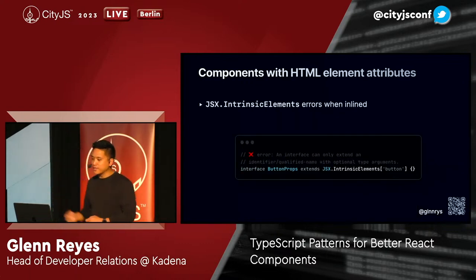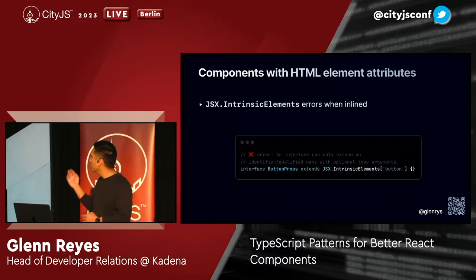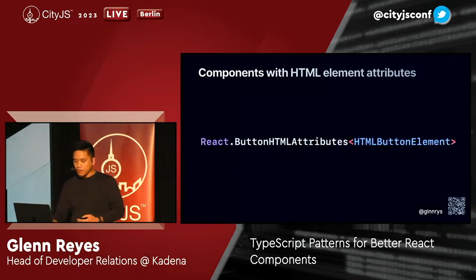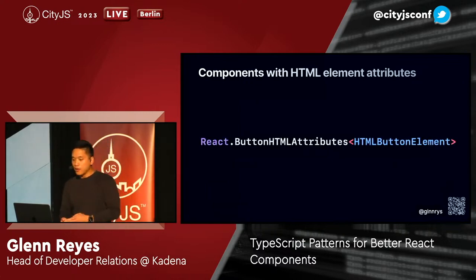So there is JSX intrinsic elements, which basically provides this for you. But it's a problem if you try to inline it. So for example, if you try to extend it in your interface, what can you do? Of course, you can use the non-nullable utility type from TypeScript to get around it, and then you're good to go. And then you have super accurate types. But there's also button HTML attributes, where you don't have to wrap anything, and that's really good.